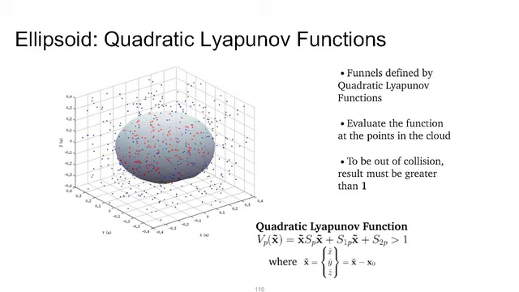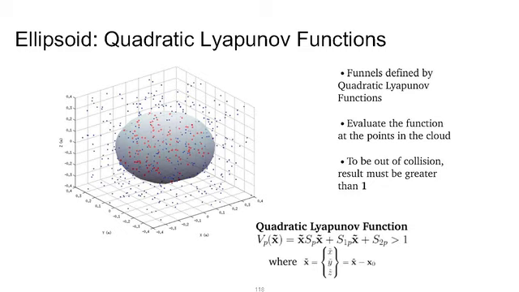So an ellipsoid is actually defined by a quadratic Lyapunov function, which down here, previously shown, the equation for an ellipsoid is that.